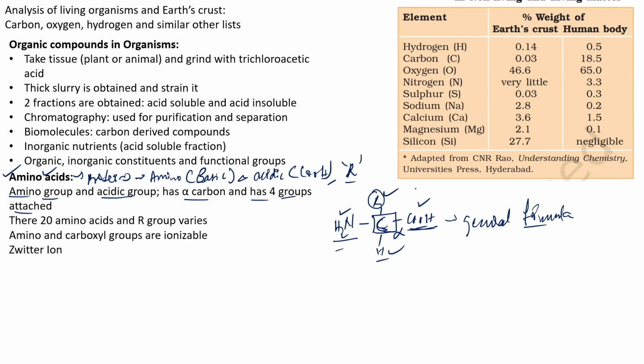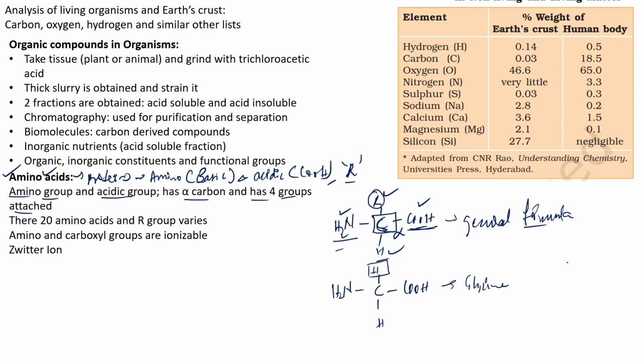In some cases you find a simple hydrogen. Let me write one amino acid here: NH2, alpha carbon, hydrogen, and carboxyl group. And let us substitute this R value with a hydrogen. So if you find a single hydrogen in the R group, then this amino acid is glycine.